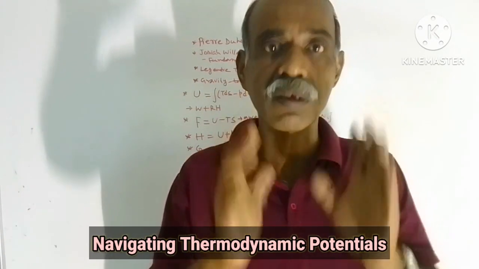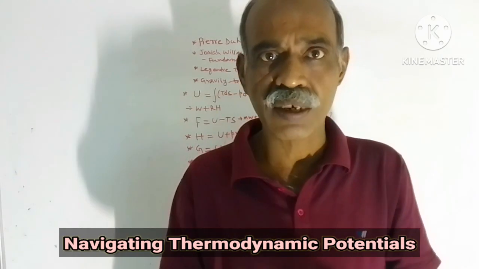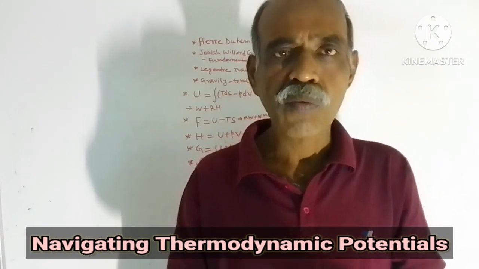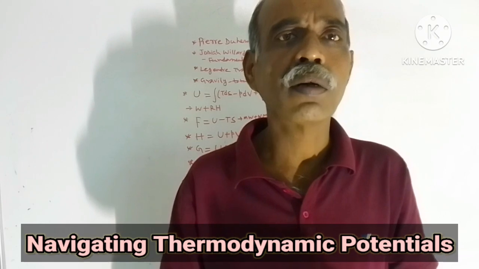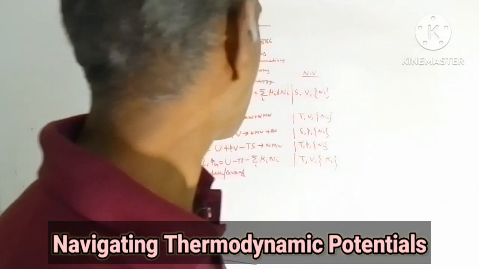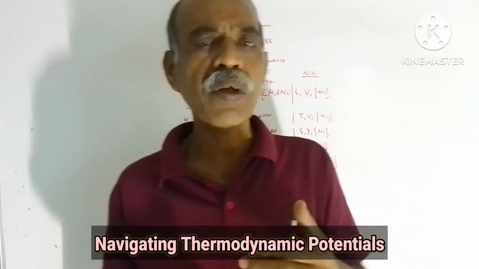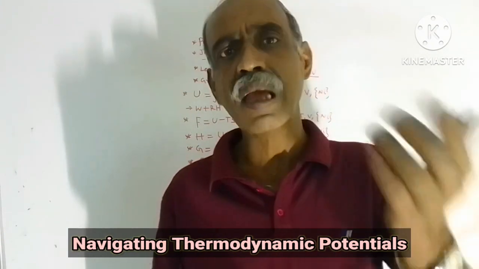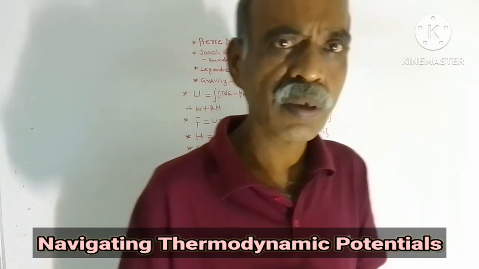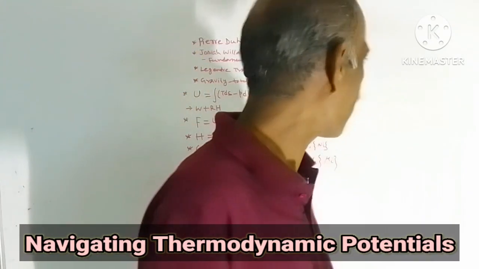They will remain constant. They are held constant for the definition of internal energy. And it is equal to capacity to do work plus capacity to release heat. That way internal energy is defined.